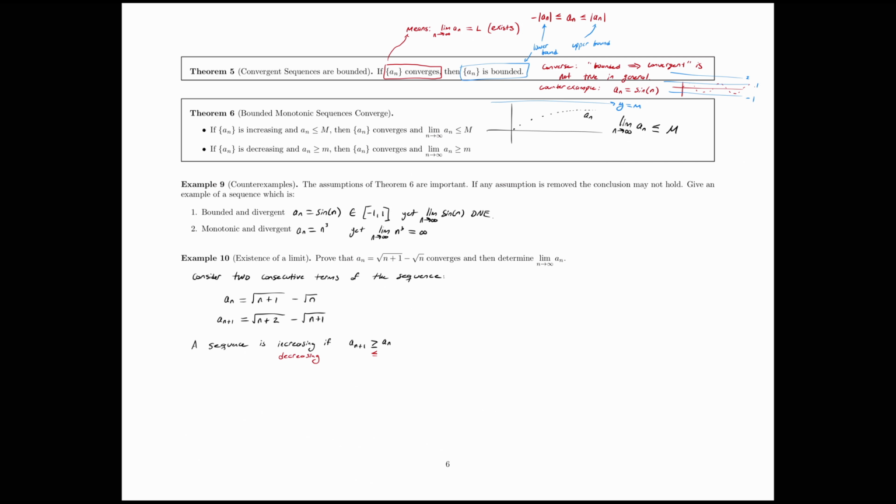So what we can do here is just check it. Let's take a look at what is the value of a sub n plus 1 minus a sub n. So a sub n plus 1 is the square root of n plus 2 minus the square root of n plus 1, minus a sub n. So this would be square root of n plus 1 minus the square root of n.